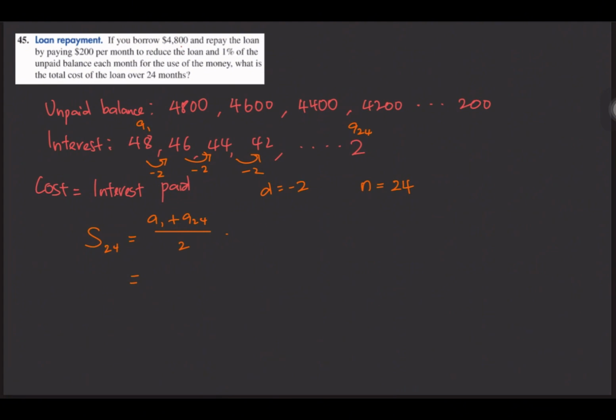We can see n here. Then I will slowly do all the working: 48 plus 2 over 2 multiplied by 24. And what is the answer? The answer is $600. So this is our total interest cost. And that is your answer.